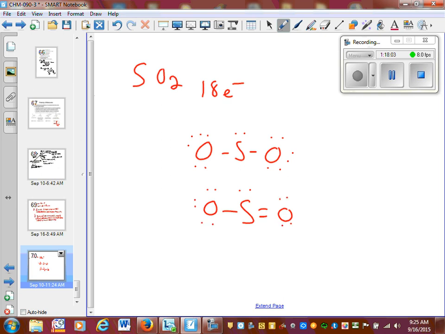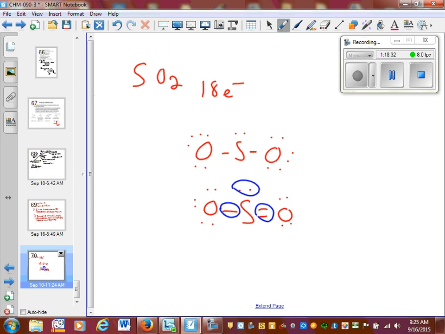How many groups are on the sulfur? 3. How many of those groups have atoms attached to the ends? 2. What did I say? 3 groups, 2 atoms, 1 lone pair. What was that shape? Bent.